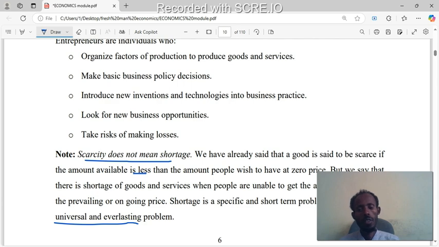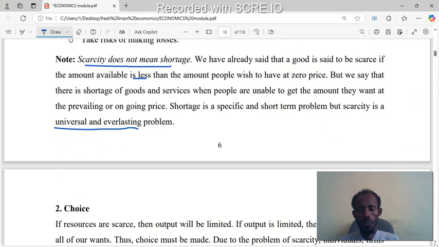But no government or organization can solve the problem of scarcity because it is an everlasting problem. So these are the differences between scarcity and shortage.